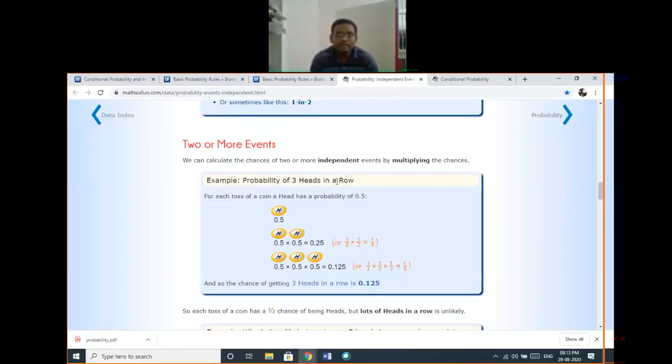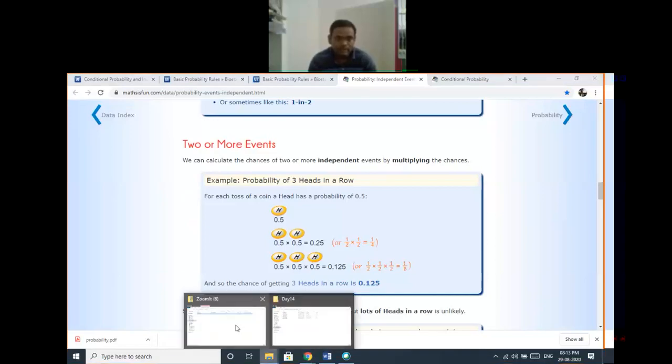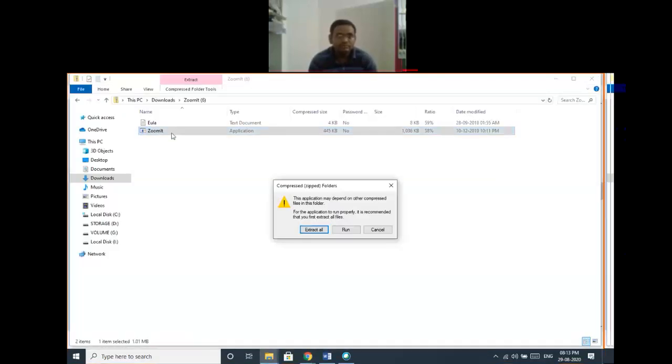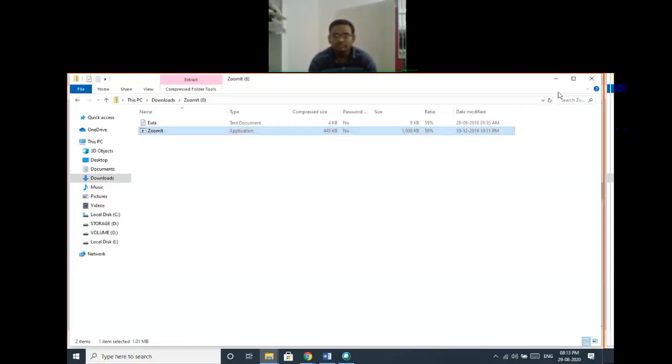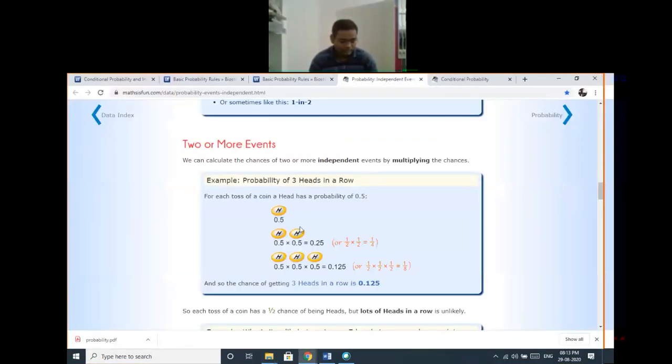Probability of three heads in a row. For each toss of a coin, a head has a probability of 0.5. Just hold on, I will take the marker. Okay. So here, the probability of three heads in a row. For each toss of a coin, a head has a probability of 0.5, that is 1 by 2.